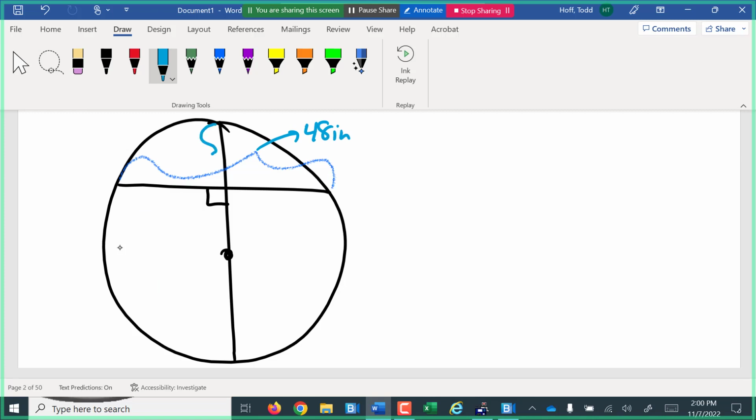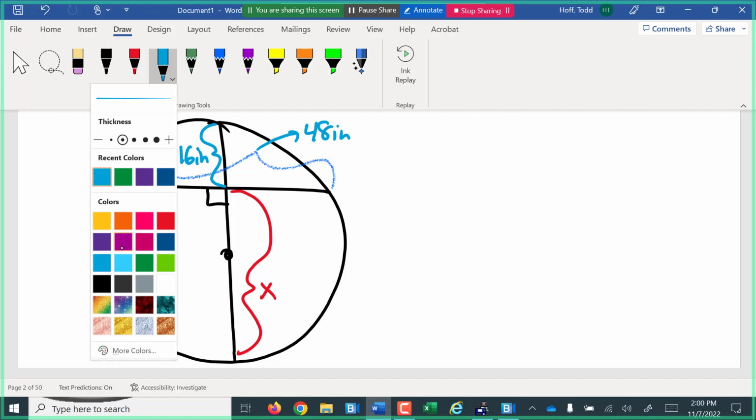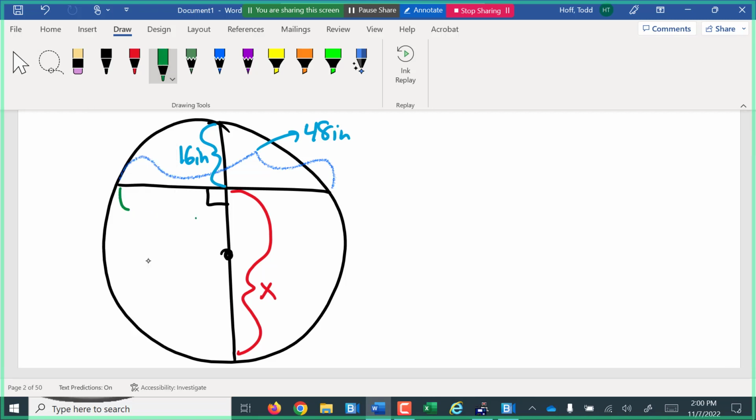And let's call this length here 16 inches. I can find this length here of x. The reason I can find it is, well, what do these two pieces both have to be now? 24 each, perfect.